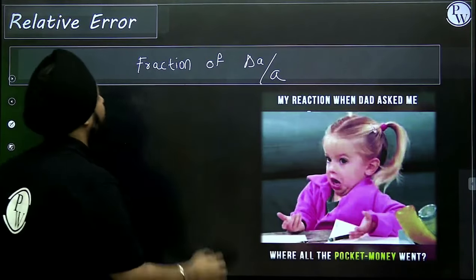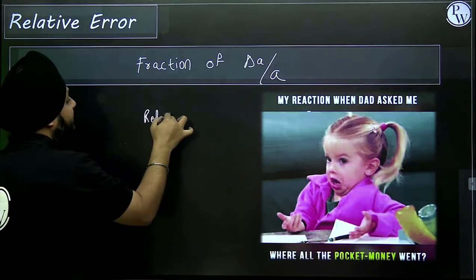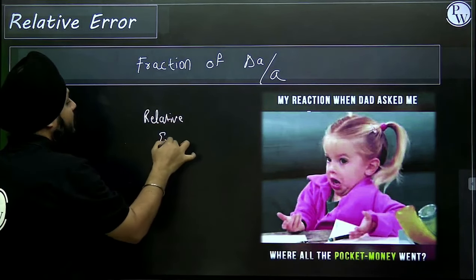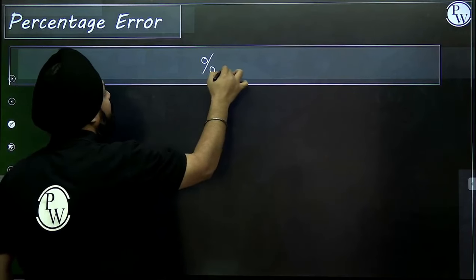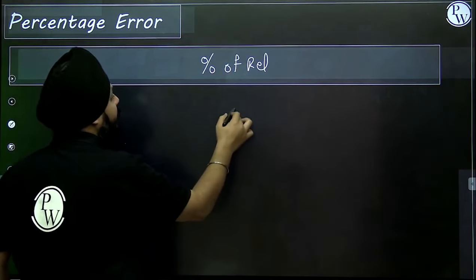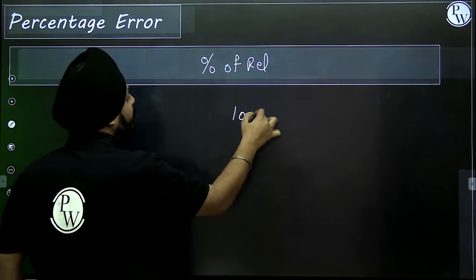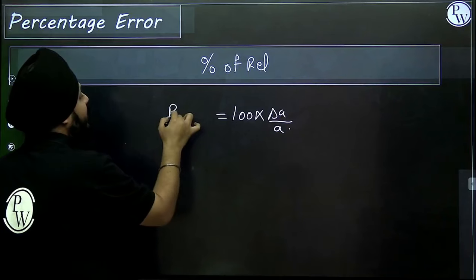That is 1 by 10. That is the relative error. So relative error we can define as delta A by A. When the relative error is multiplied by 100, we get the percentage error.